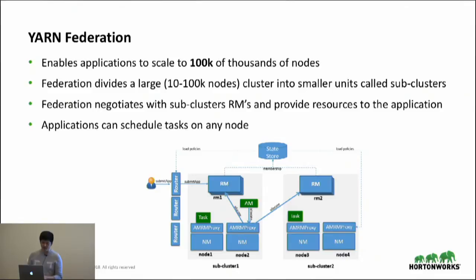From the infrastructure point of view, we have a state store to negotiate with each of the subclusters, because they each have their own resource manager and application master. When an end user submits an application, it goes to the router, which sends a request to the state store. The state store handles the request and decides which cluster, which rack, or which node the application will be located in.